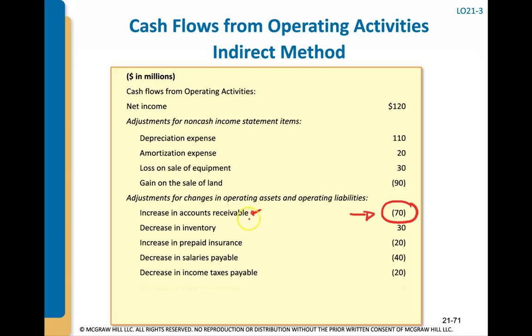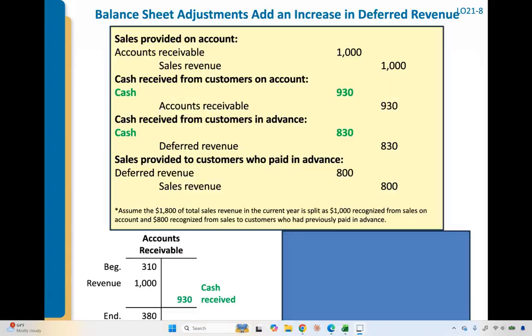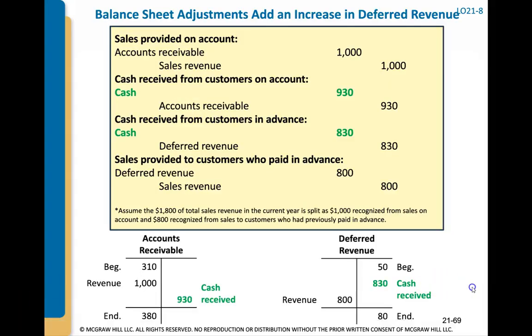If only a portion went to accounts receivable and a portion went to deferred revenue, we would still have a reduction of $70. Because when you're looking at the indirect method, you're looking at the change between the beginning of the year balance and end of the year balance, and that has not changed when we split up the revenue amongst different accounts.